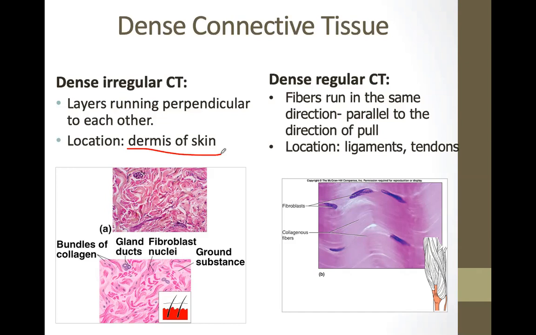Right underneath this, you have a really thick layer, your dermis, which is made up of dense irregular connective tissue. It's about 80-20: 20% is the stratified squamous, and the other 80% would be your dermis layer, the dense irregular connective tissue. Dense regular connective tissue, the best examples would be ligaments and tendons.